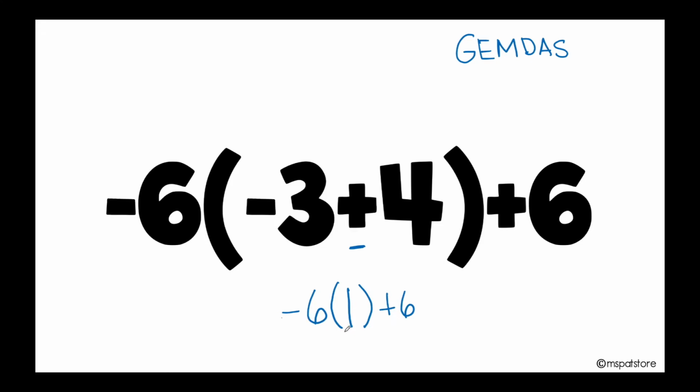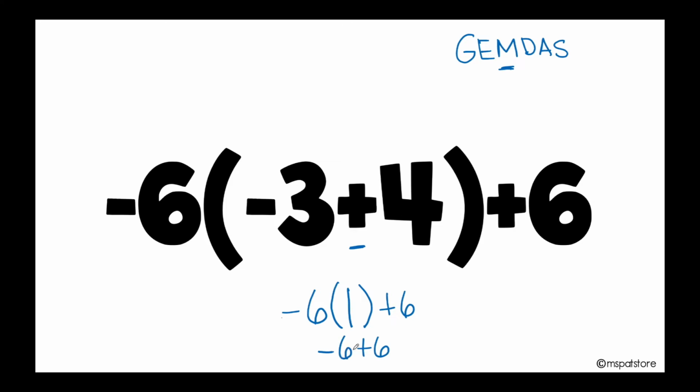Then I need to take a look at this. Well, there's a multiplication here and there's an addition here. So according to the order of operation, multiplication should come first. So negative 6 times 1, remember, if they have different signs, my answer will be negative. So negative 6 times 1 is negative 6 plus positive 6.